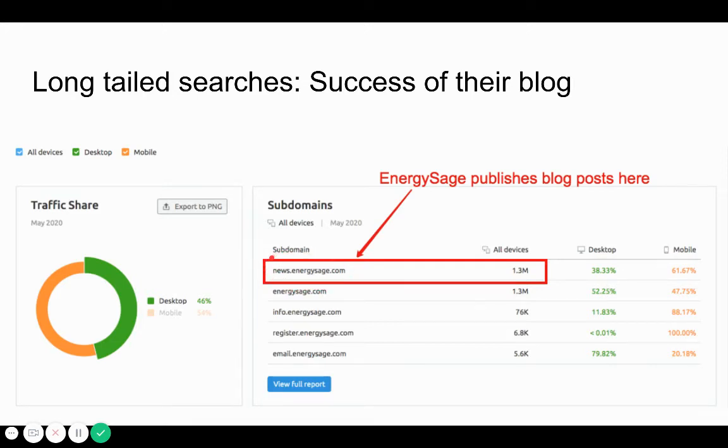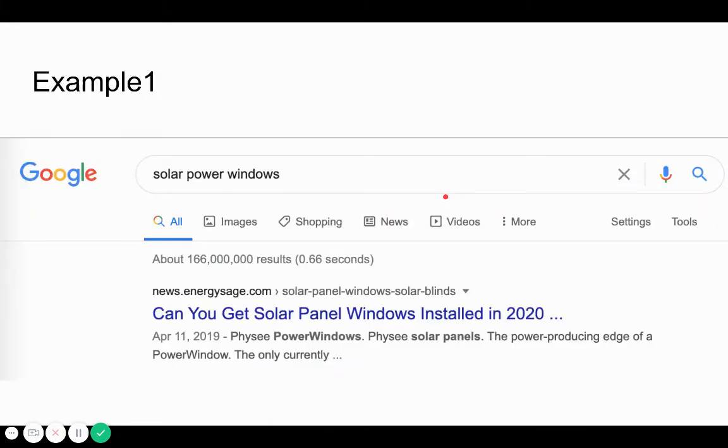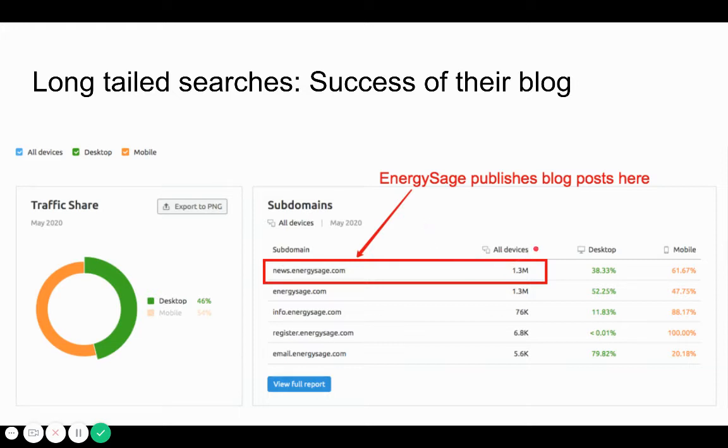They hosted a blog with all the articles, the content marketing efforts, mostly on news data EnergySage.com, and it's getting 1.3 million. So yeah, it's a big number.